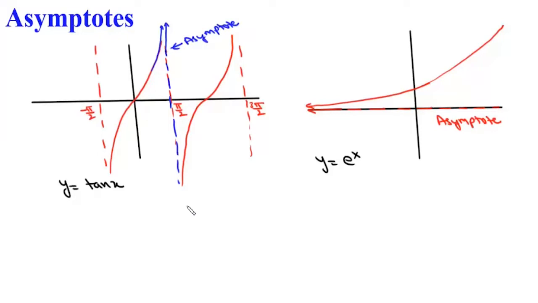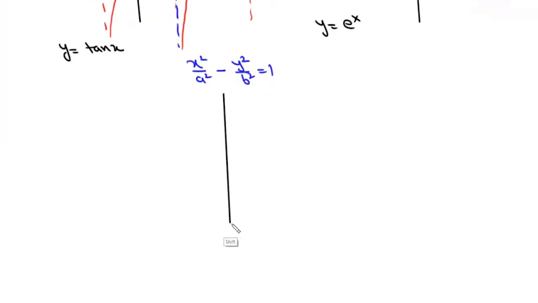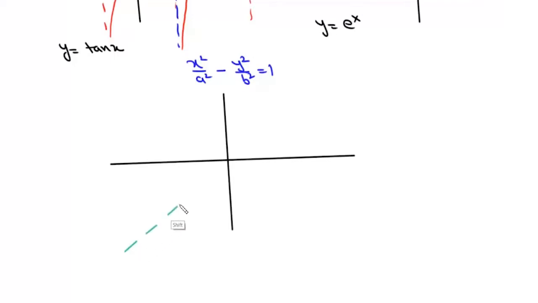And finally, we'll consider the graph of the hyperbola, which is x square upon a square minus y square upon b square equals 1. Now, to draw this graph, we draw these two lines, which are asymptotes of the hyperbola, and then we draw this graph.